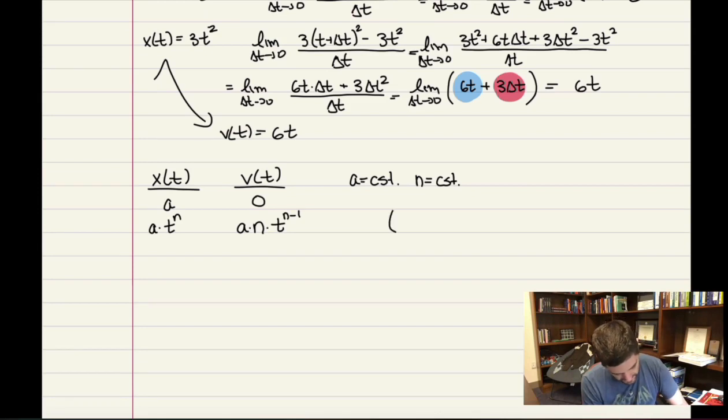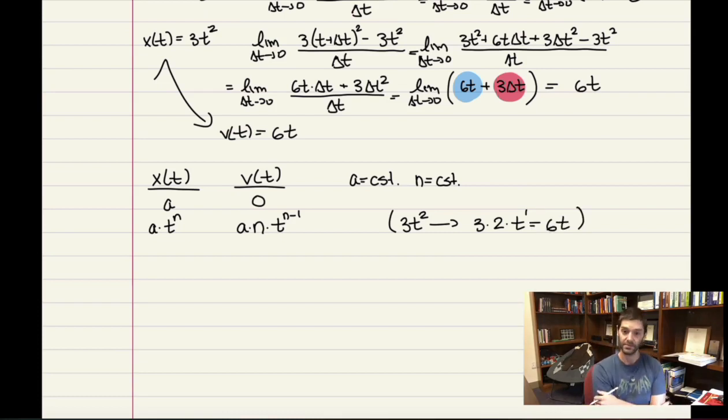So notice we saw that above. 3t squared, essentially the 2 dropped down, so it became 3 times 2, and then it became t to the 1st power instead, which we wrote as 6 times t, which was the answer we derived.